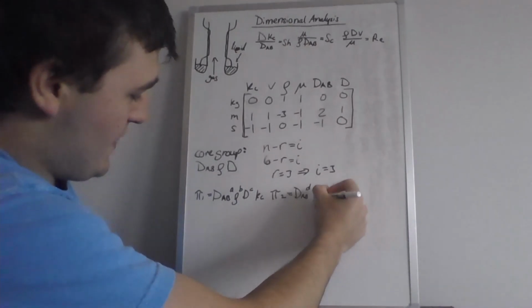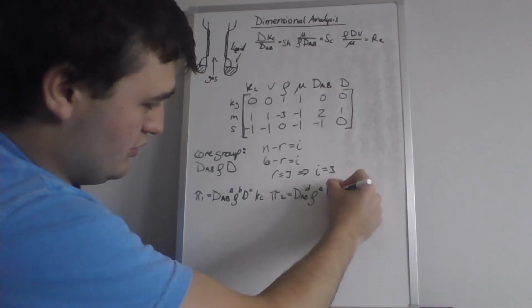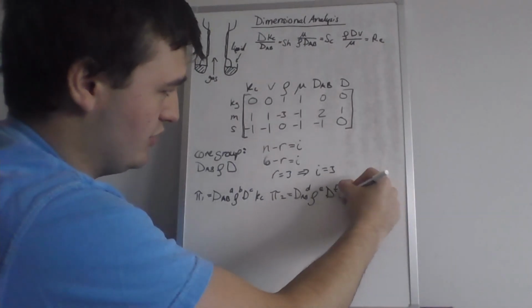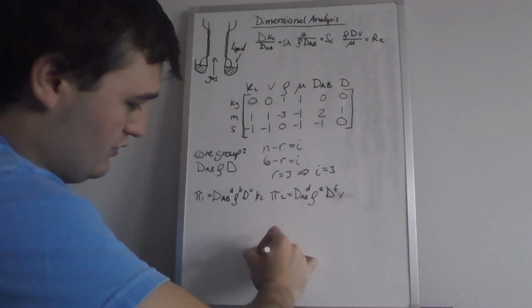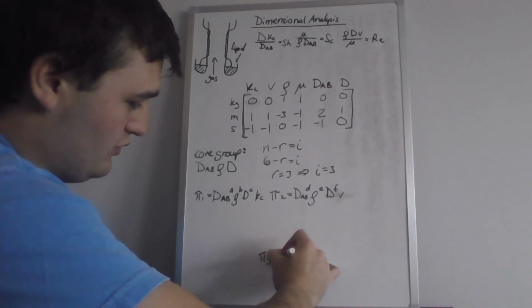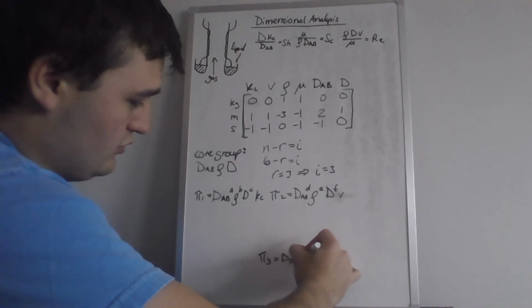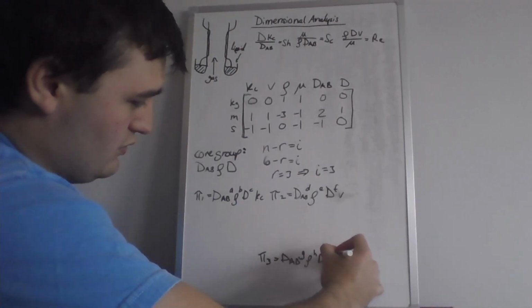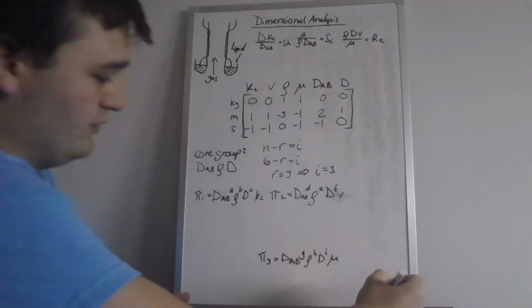Once again, we keep the core group, and let's say velocity for this one, and then the last one we're going to change out is the viscosity.